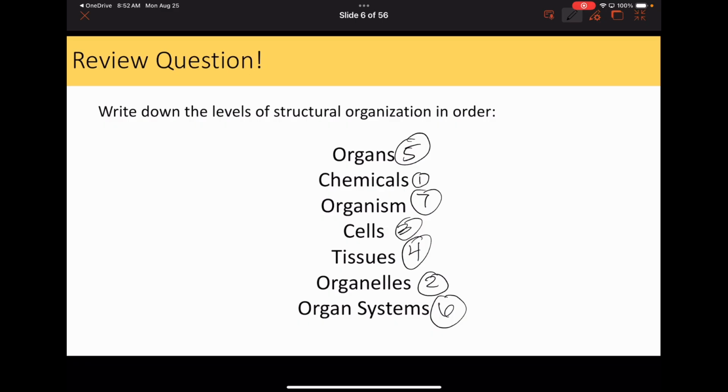Where's the issue? At the chemical level. If this is a genetic disorder in which there's a mutation in the DNA, it's not a whole cell. Even though it may be expressed at the cell level with the different shaped hemoglobin and sickled cells, that's not where it originates from. The issue comes from the DNA, and so that disease would originate at the chemical level, not at the cellular level. Does that make sense? Okay.